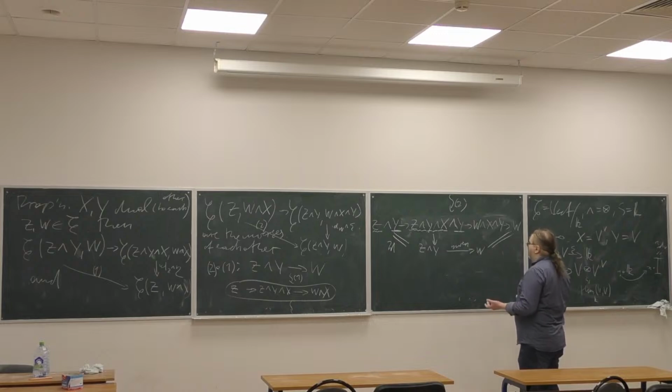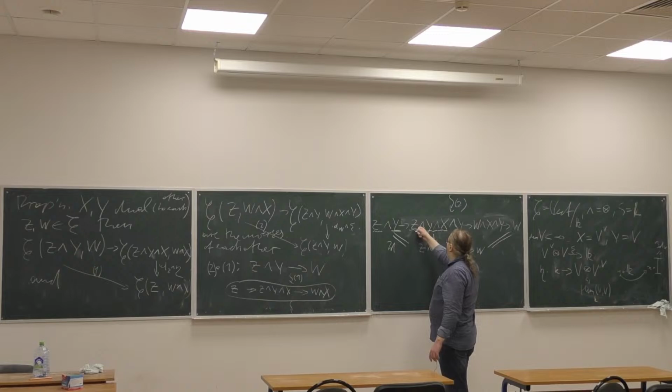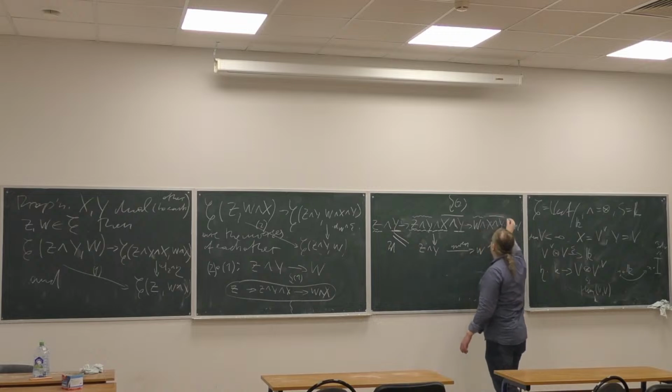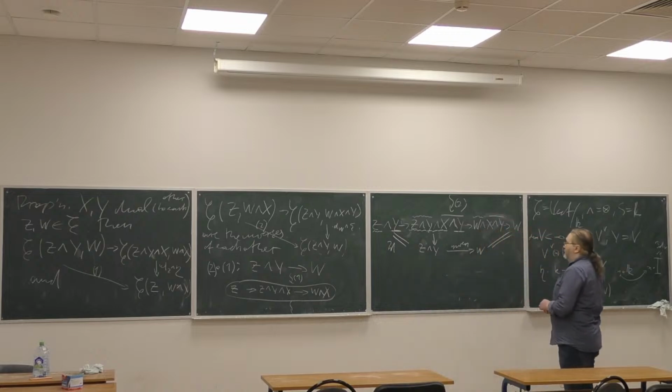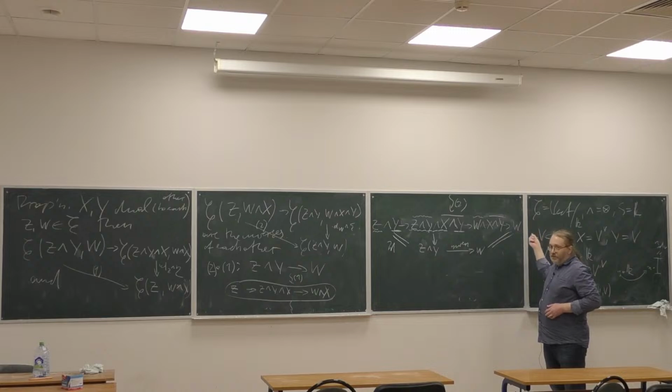Well, the second arrow is self-explanatory. We take the identity of X smash Y and the given arrow from Y to W. And then we apply the evaluation.